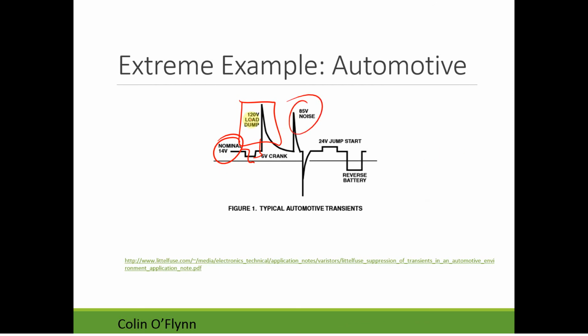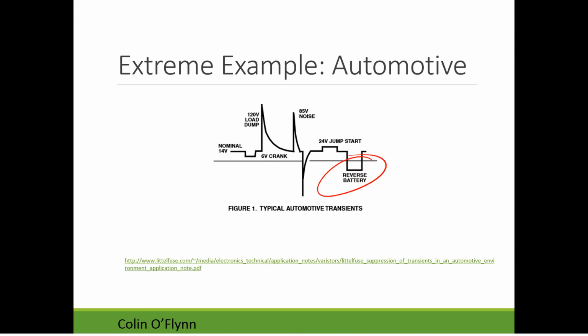We can have big noise. The noise won't have as much energy, as we'll see, but will still be very high voltages. When the alternator is kicking off, we might have very large negative spikes. And they say it could even be something like someone puts the battery in backwards, connecting the positive and negative backwards when they're installing it.